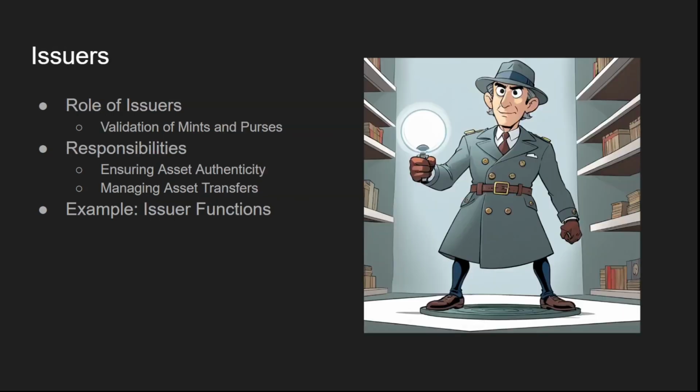Let's talk about issuers. Issuers are critical components in the Agoric ecosystem for managing and validating digital assets. An issuer is a trusted authority that validates and manages mints and purses. It ensures the integrity and authenticity of the digital assets created and transferred within the Agoric platform.